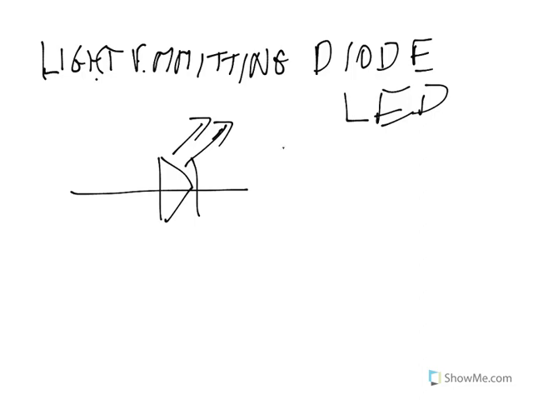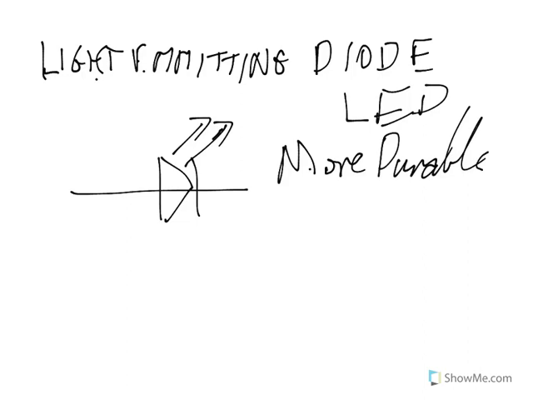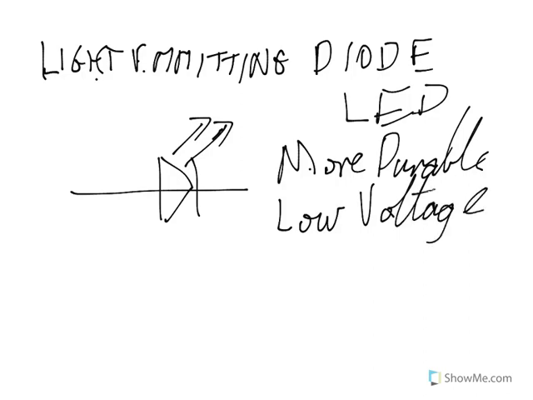Alright, so why? Well, they're more durable, not like normal ones. The other one is low voltage, typically between 1.6 and 2.8 volts. So long life, they don't have that tungsten wire that's heated up and cooled down and heated up and cooled down.